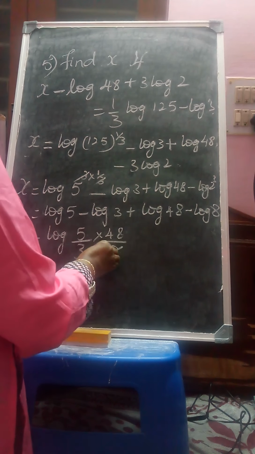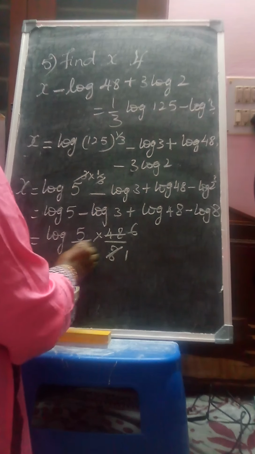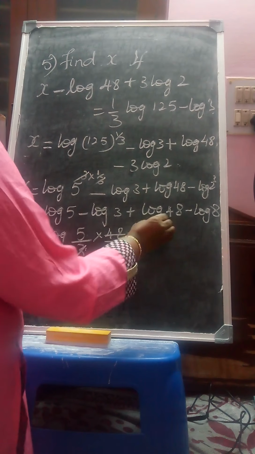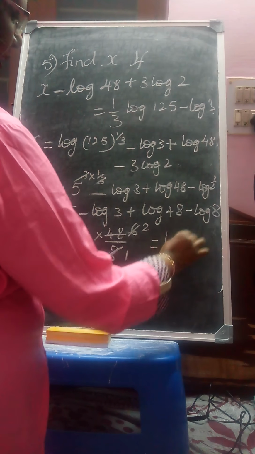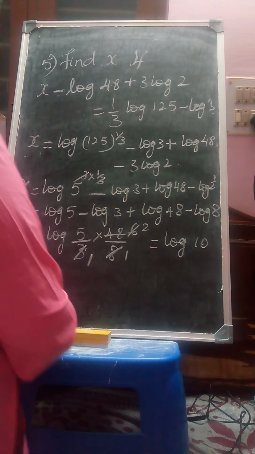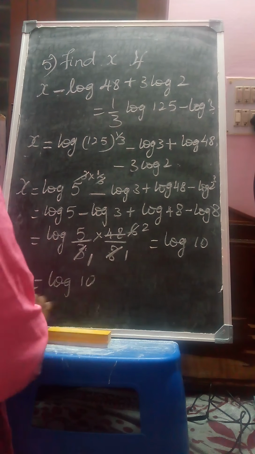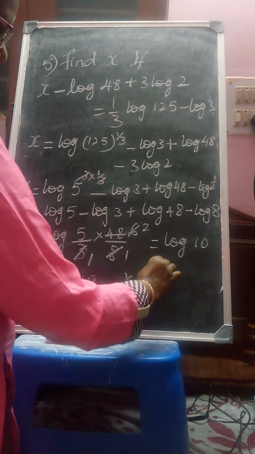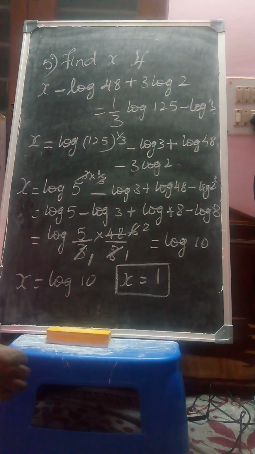Now 8 ones are 8, 6 are 48, 3 ones are 3 twos are 6. What is 5 twos are? Log 10. X is equal to log 10. So x is equal to 1. Log 10 is equal to 1. So x value is 1.